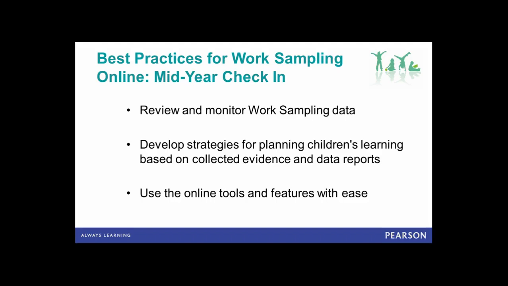So we'll talk a little bit about that in relationship to the kinds of information that's being gathered for the work sampling system, and also reflecting a bit on the different aspects of the assessment cycle and where we might have information to help guide that process of planning for children's ongoing learning.